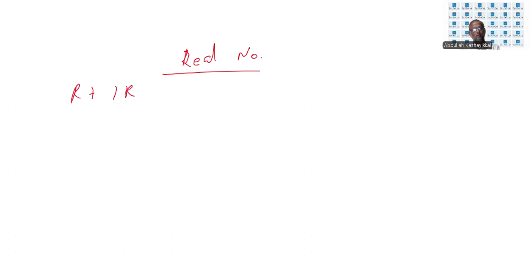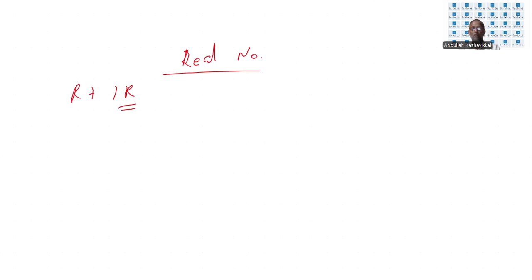In class 8 we talked about rational numbers only, not real numbers or irrational numbers. Here irrational numbers came: non-terminating, non-repeating decimals, like root 5 or pi. So what I am talking about are these identities for real numbers; for rational numbers we studied identities.